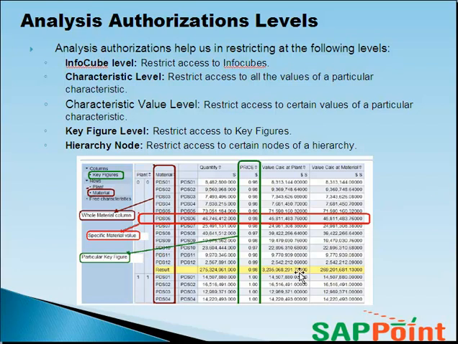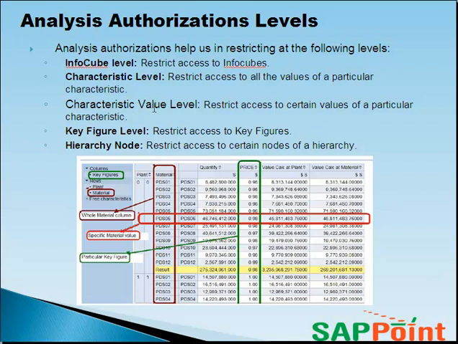So for example, in this figure, material is a characteristic. When you say characteristic level security, what it means is that you can build it on the characteristic level. So here, for example, a plant is another characteristic. So you can build a security on plant also.